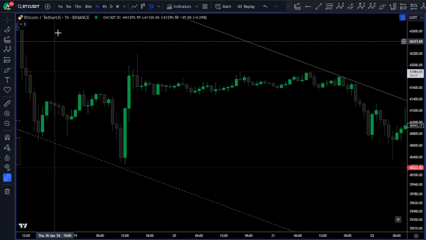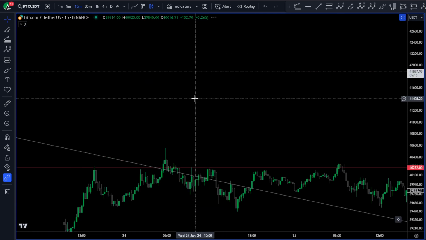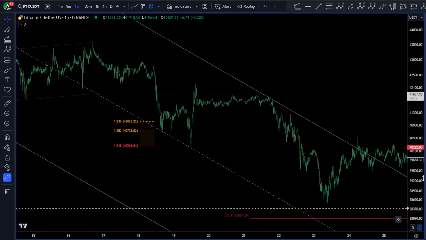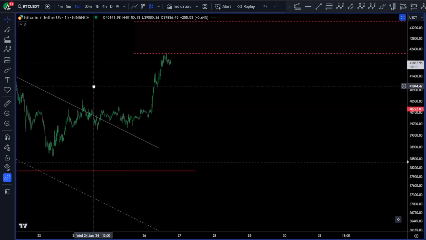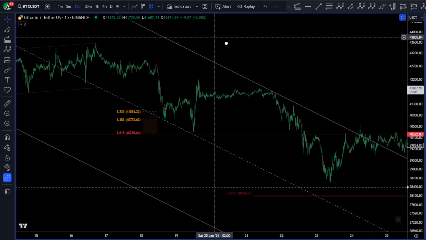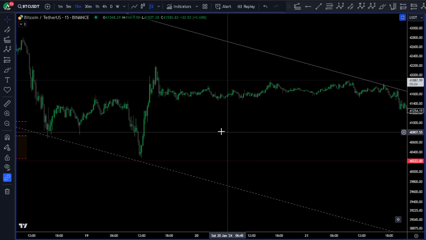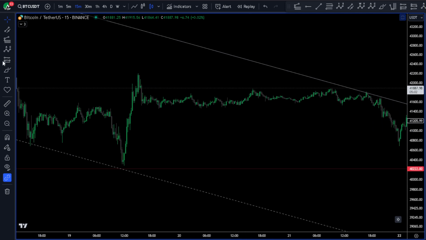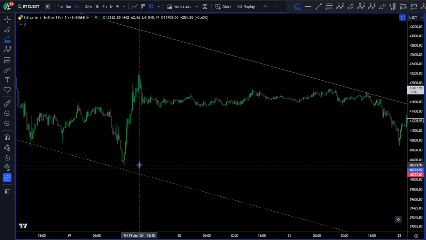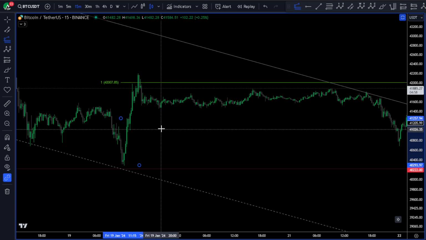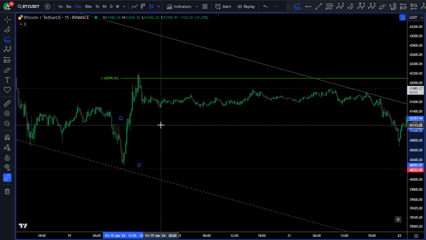It's just such an ugly wave. Is that equality? That is equality.